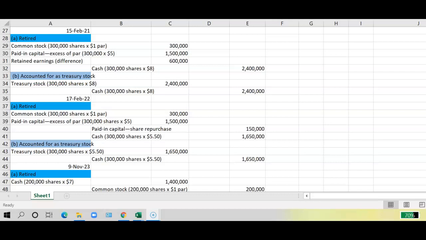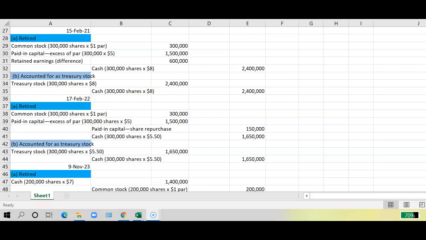They have reacquired 300,000 shares at $5.50 per share. Well, we know from February 15th purchases that the amount of stock that must be removed from the equity section of the company's balance sheet for the repurchase, the original selling price of the stock, was $6.